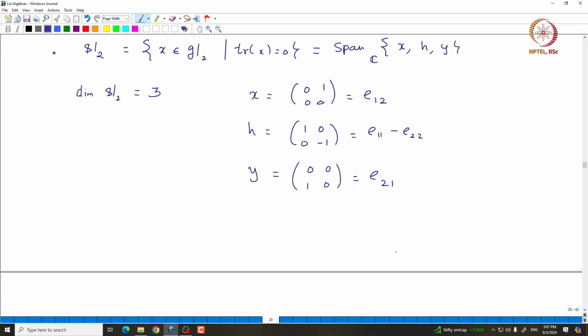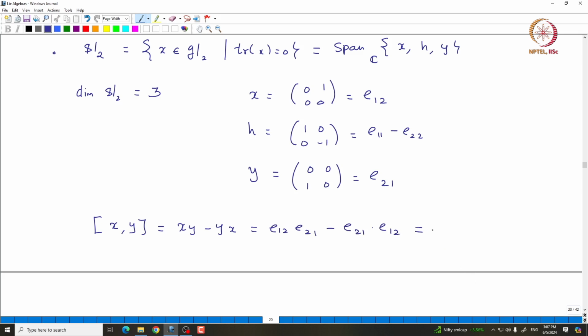Then it is easy to check if you compute the commutator, the bracket [x, y], that it is xy minus yx, which is E12 times E21 minus E21 times E12.